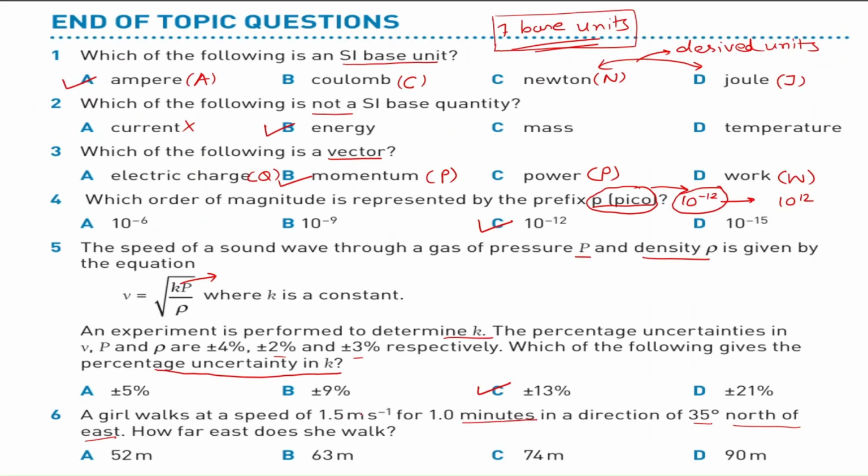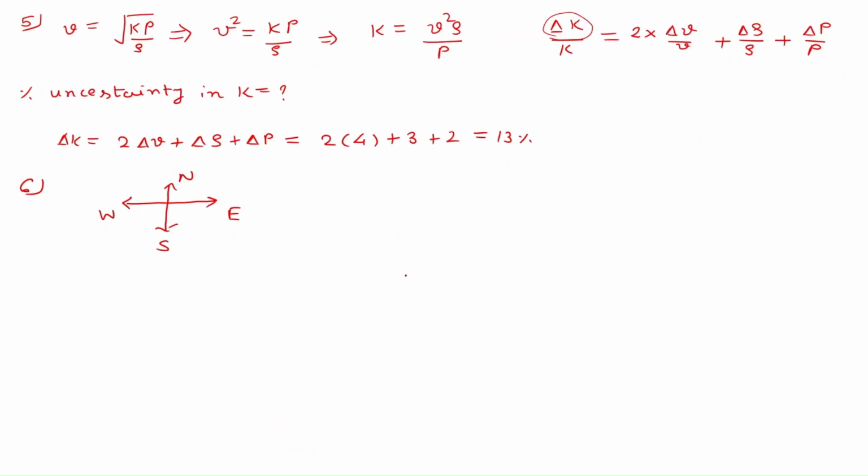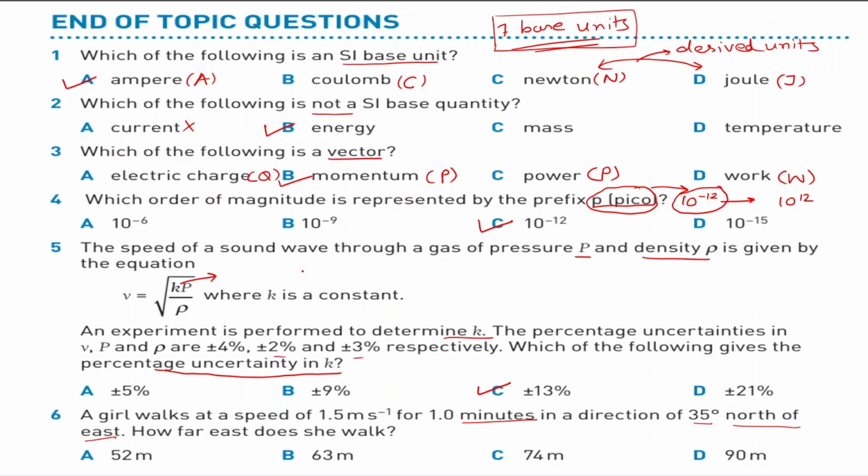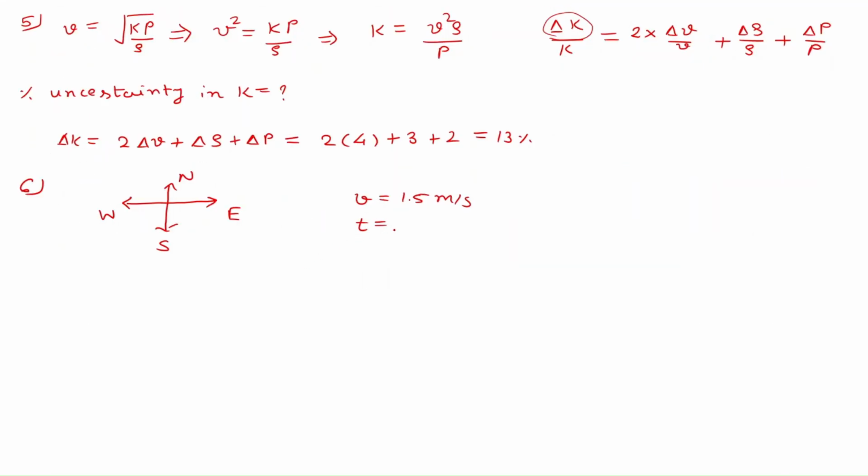Now the question gives the speed of the girl, which is 1.5 meters per second, and the time taken by the girl, which is 1 minute. Whenever we get a quantity which is different from the SI unit, we see the SI unit of time is second, so we have to convert into seconds. To convert 1 minute into seconds, we multiply by 60. We get 60 seconds.